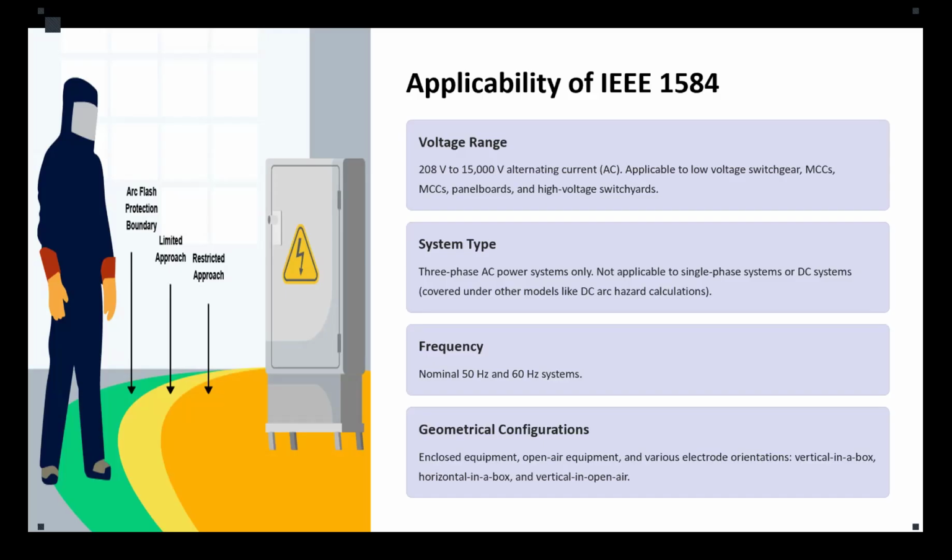Lower than 208 volts is outside the scope of this standard, and higher than 15 kilovolts is also out of scope. This covers most of the systems that we encounter, like low voltage switchgear, motor control centers, panel boards, and even medium voltage switchyards. These are the systems that are normally in the scope of IEEE 1584.